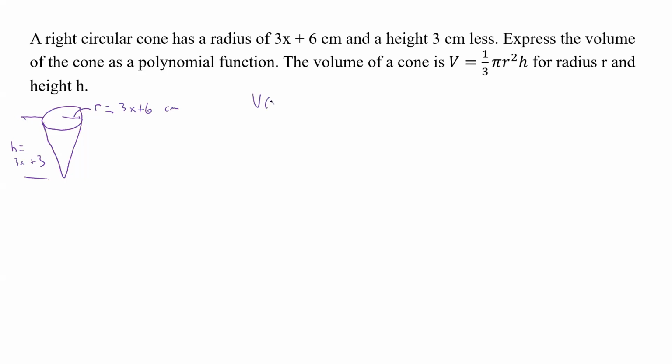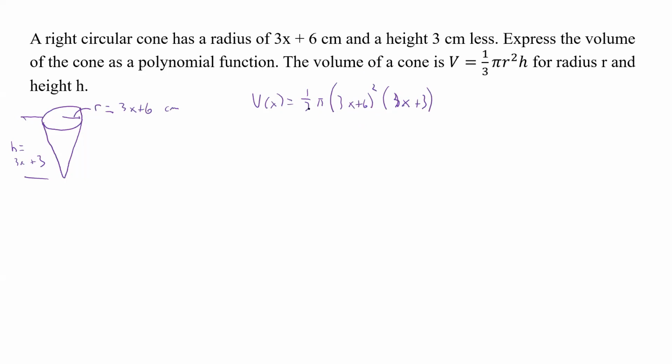So v of x is equal to 1/3 pi times r, which is 3x plus 6 squared, times h, which is 3x plus 3. And so now all we have to do is basically multiply it all together, and we can simplify from there.